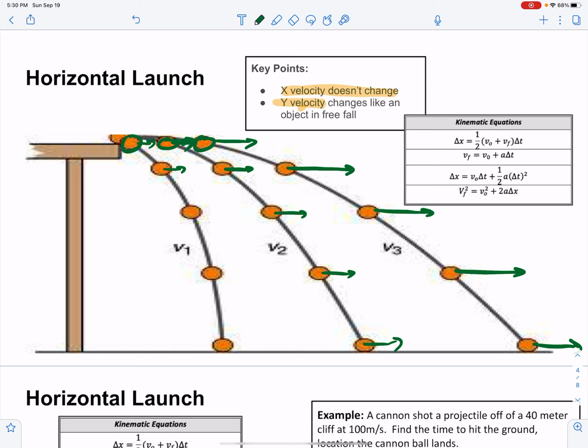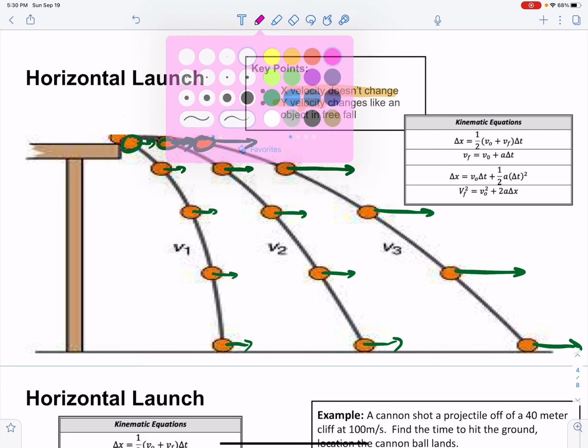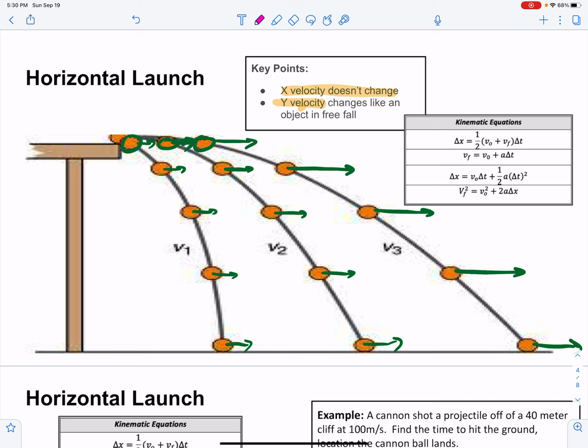Our horizontal velocity doesn't change through the overall motion because we have no force acting on it horizontally. Our vertical velocity, though, is a different story. At t equals 1 second, we have 10 meters per second of vertical velocity. It's the same for all of these, regardless of their horizontal velocity. They're completely separate.